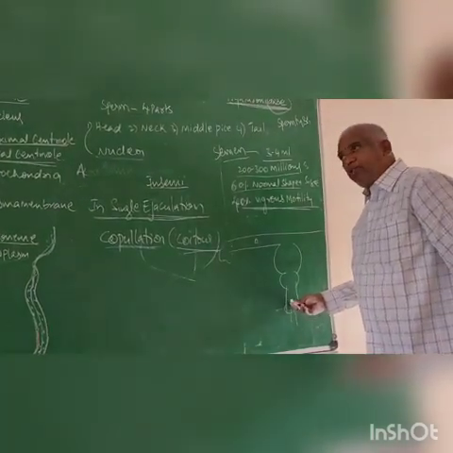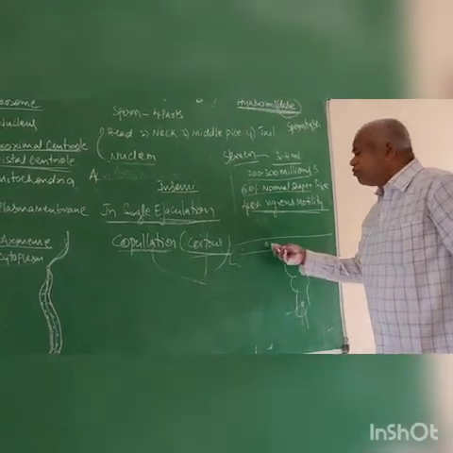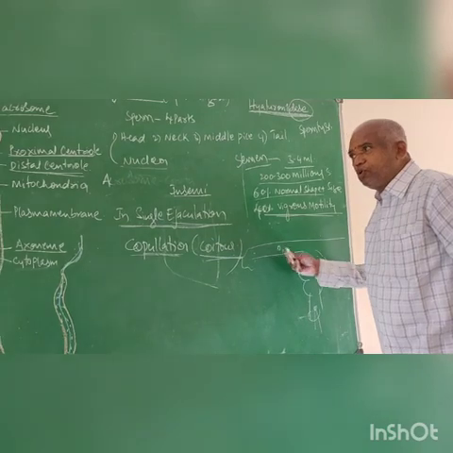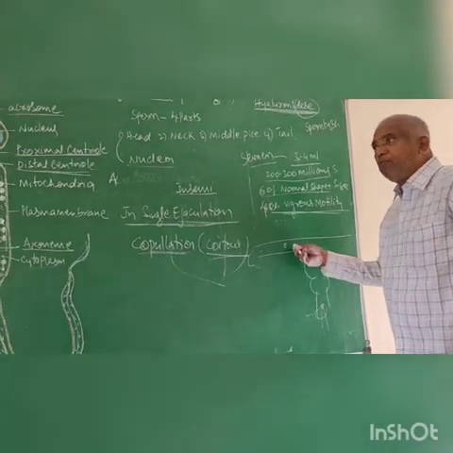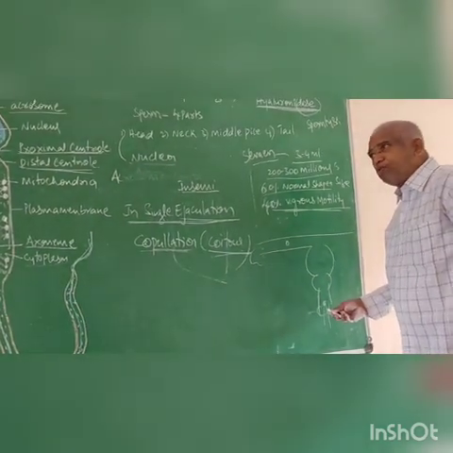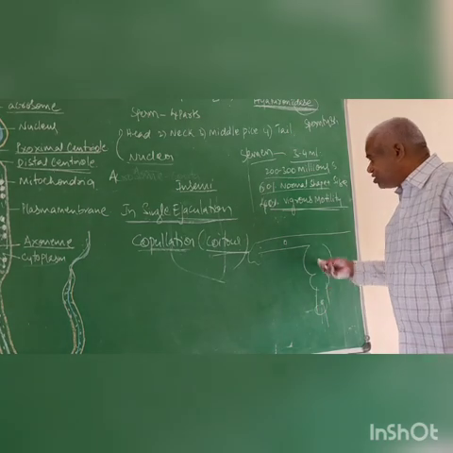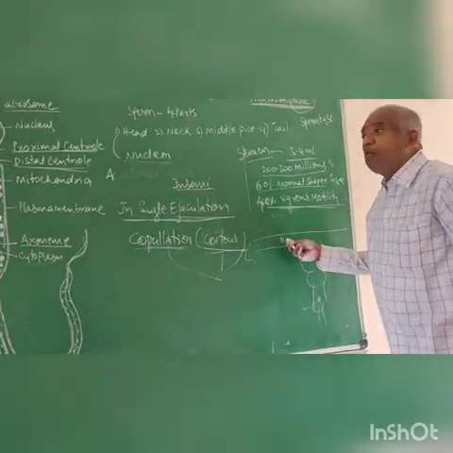Now the semen present in the vagina must reach the fallopian tube for fertilization. That means vagina, cervix, uterus, and fallopian tube. The sperm must show motility for this crossing and finally reach the fallopian tube for fertilization.